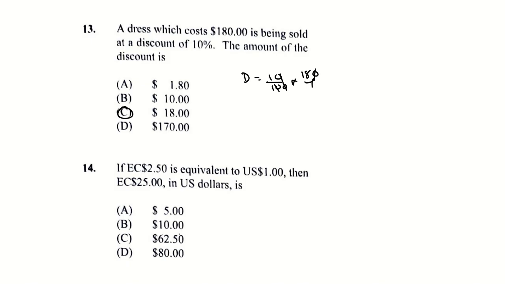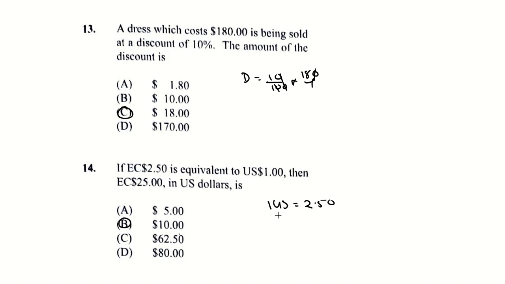Then what is $25? Alright, so what you could have possibly done is take these amounts and multiply by 2.50 to see which is $10. Right? So these are your US dollars. It'll be easier to convert US to EC rather than convert EC to US. We know 1 US is 2.50.